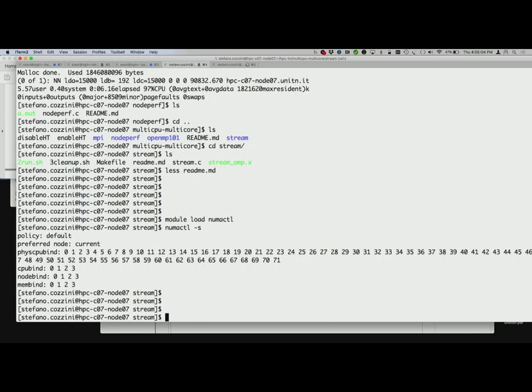Again, the picture is always the same. We have the CPU, the socket, and the memory associated. Okay, then we have another CPU here, and the memory associated. And then by means of numactl, we can say, okay, run the code placing the executable here, but using this memory. These are for sure the wrong way to go, because we are on the different memory.